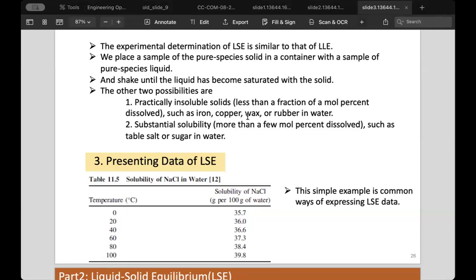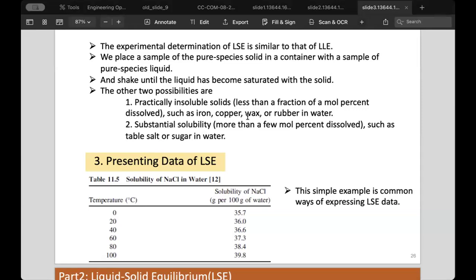If for 100 gram of water you add sodium chloride less than 35.7 gram, you will never have liquid solid equilibrium. Yes or no? Yes, right?